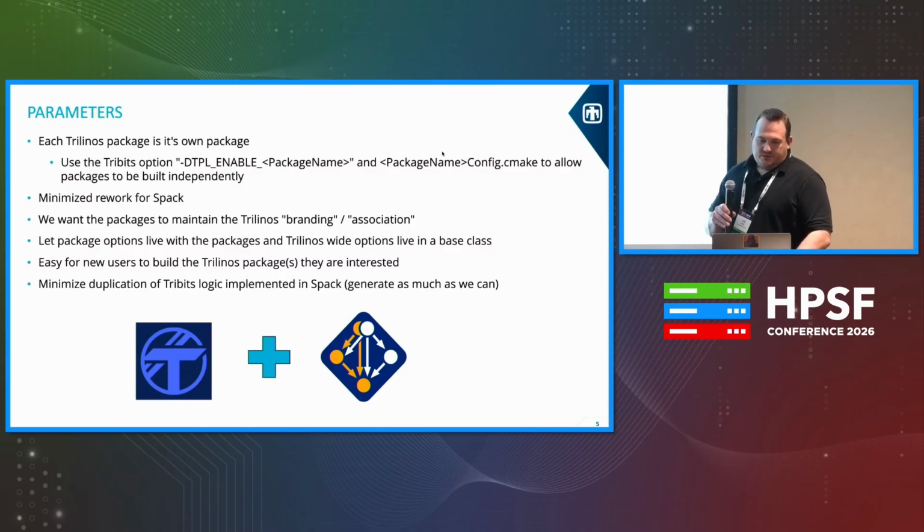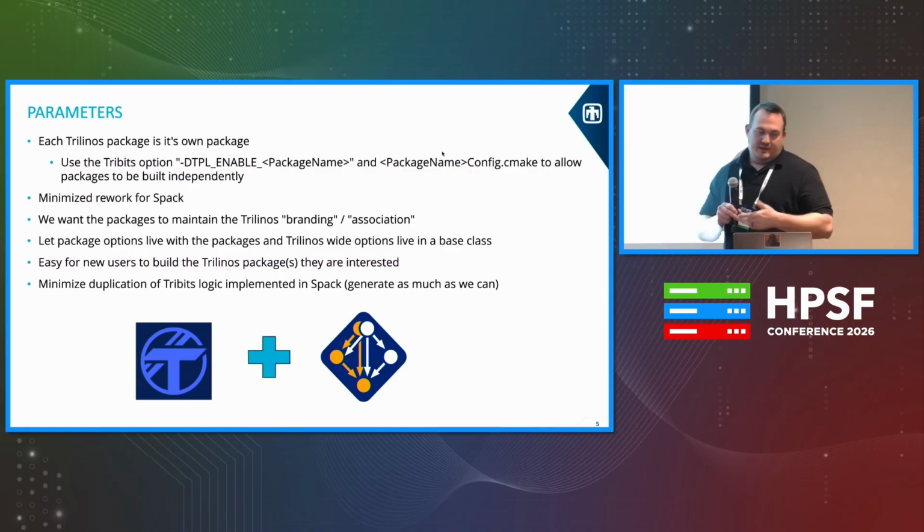In breaking this into individual Spack packages, it was important that we maintain Trilinos identity and branding, right? Hopefully this will let the package options live with the package files, and let the Trilinos-wide options live in a base class that we have, right? There are some things that you need to be the same, but there are some options that just need to live with the packages.